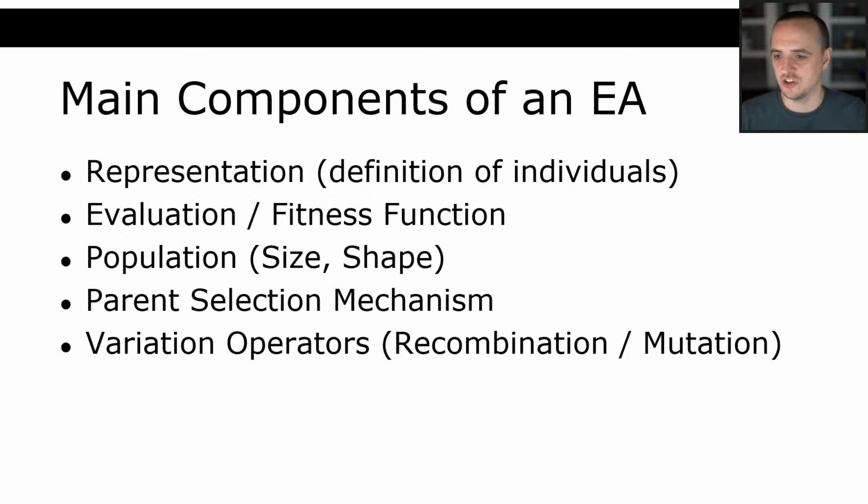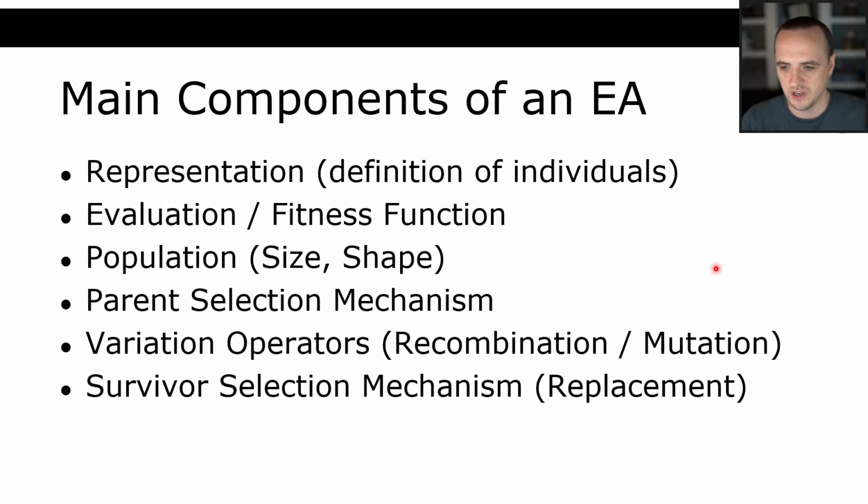The variation operators, meaning how do we combine parents to form an offspring, or how do we mutate things? And also our survivor selection mechanism. Each of our evolutionary algorithms has a number of parameters, and these essentially represent those parameters. How we define all of these represents the parameters for our algorithm when we actually go to run it.